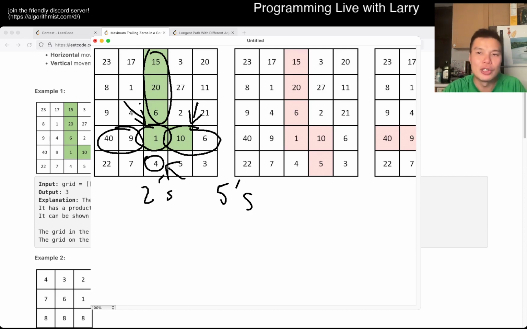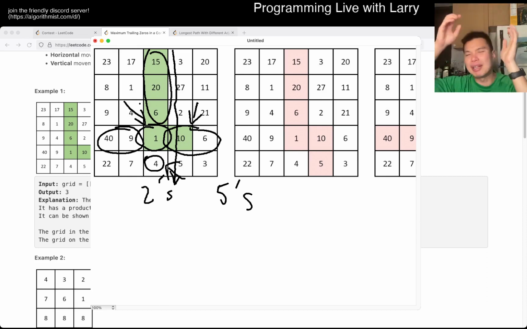And of course, you can actually build out prefix sum in a 1D dimension. So basically the idea here is that you can just count going this direction how many 2s there are in a prefix sum kind of way, in a vertical prefix sum how many 5s, and then you could do some maths.